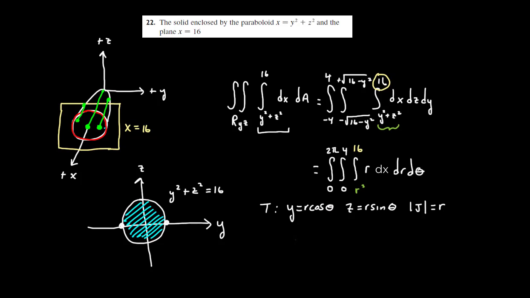Now, just as a forecast, technically speaking here, the transformation that we make is y equals r cosine of theta, z equals r sine of theta, and x equals x. But when I do the derivative of x with respect to r and the derivative of x with respect to theta, those come out to be 0, in which case the Jacobian, which is a 3 by 3 determinant, still comes out to be this r.